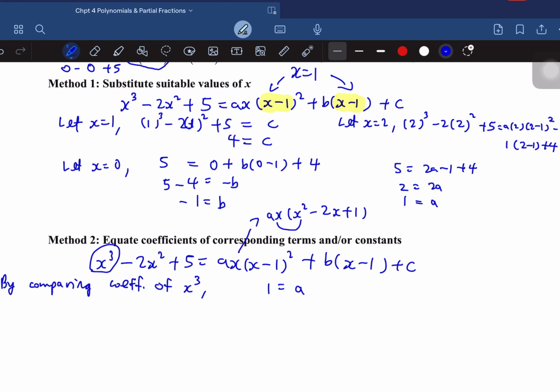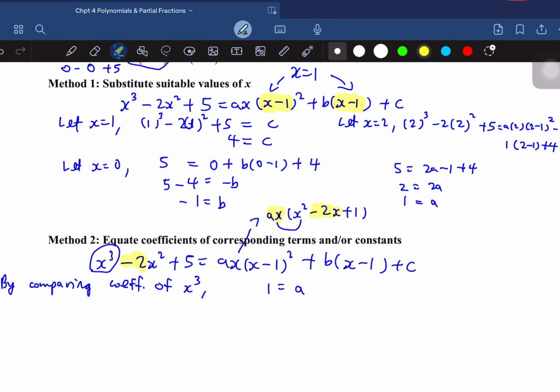Then next one we have a few choices. We can compare x squared, but if we compare x squared, we need to be mindful, because x squared on the left hand side is minus 2, but on the right there are many. Like for example ax times negative 2x, I have negative 2a x squared.